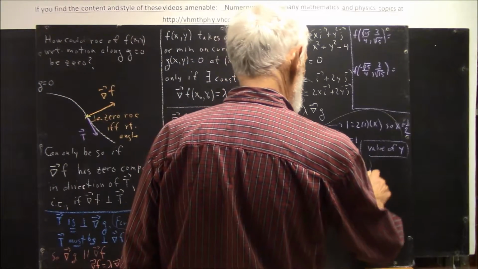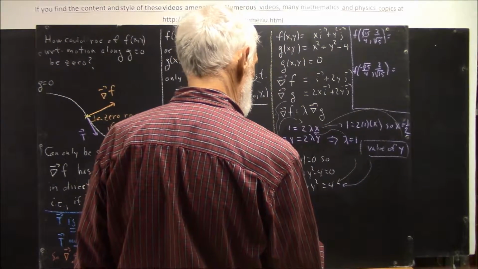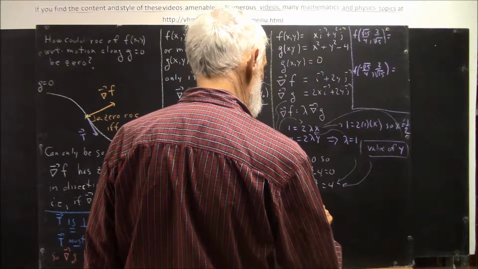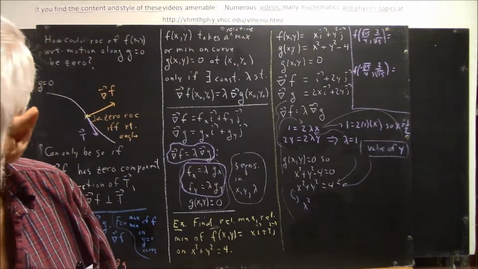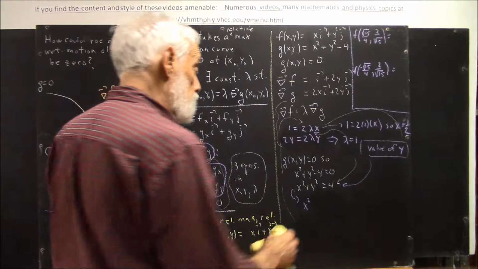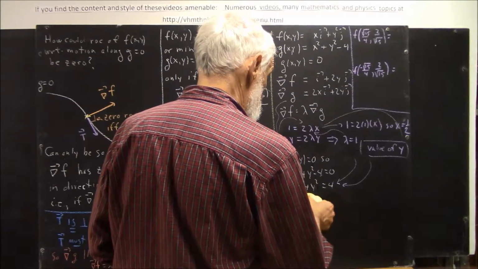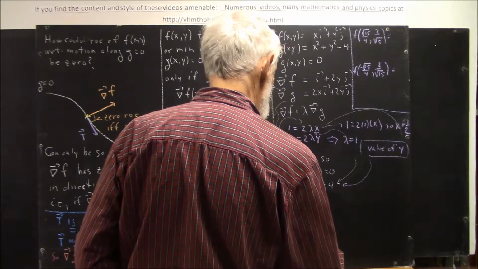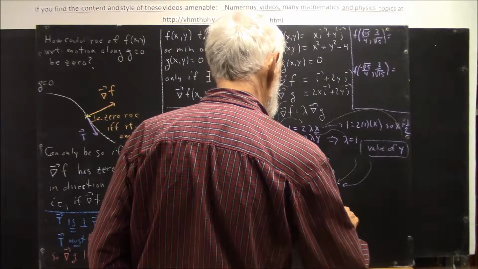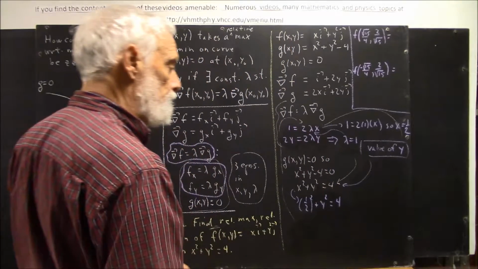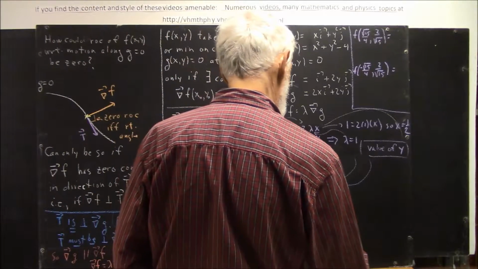If we take our value of x and plug it in here, what do we get out of it? Our value of x is 1/2. So we get 1/2 squared plus y squared equals 4. So that y equals what?